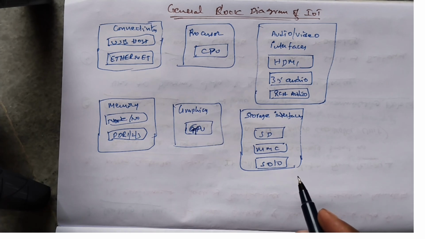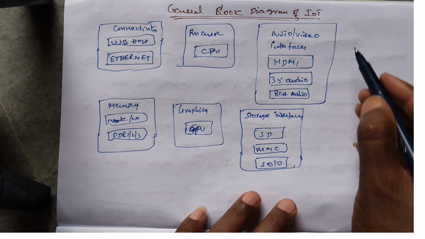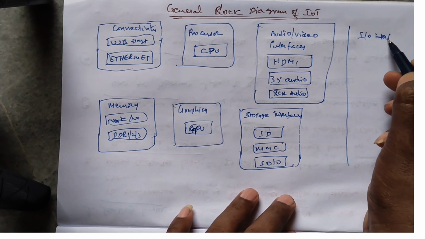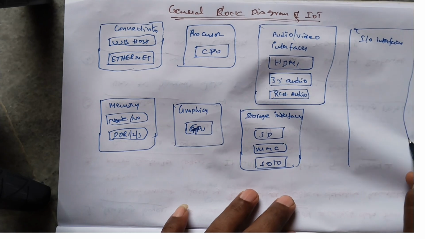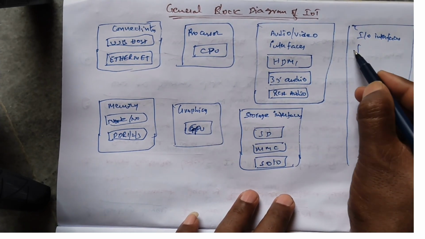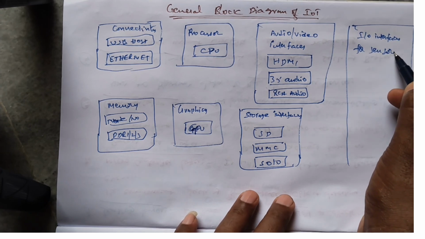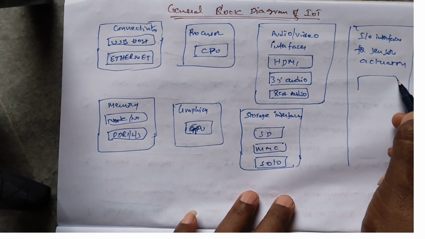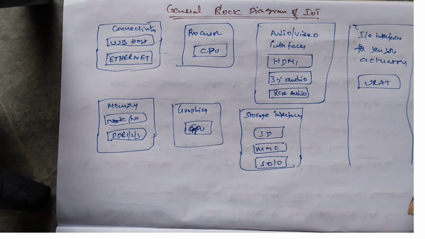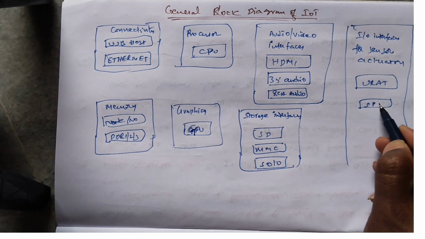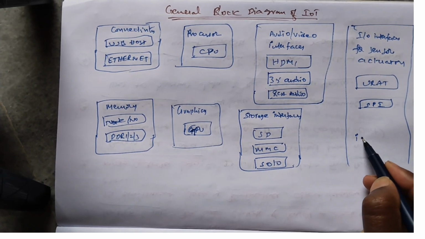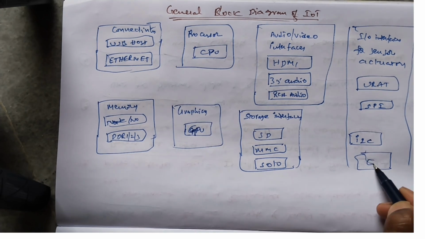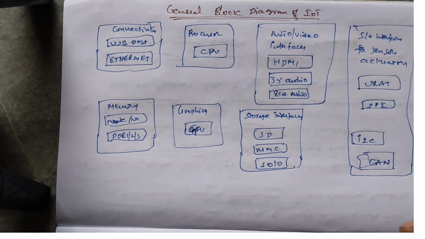And what are the interfaces? We have IO interfaces. IO interfaces means input output interfaces for sensors, actuators, UART, SPI, I2C, CAN.